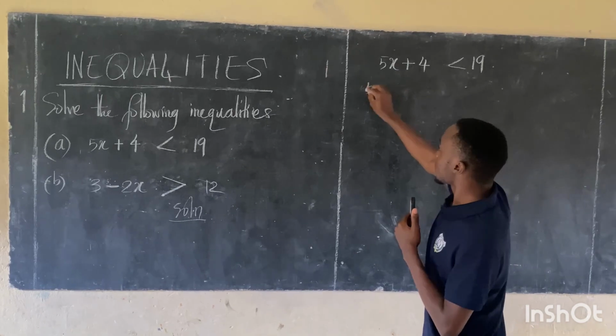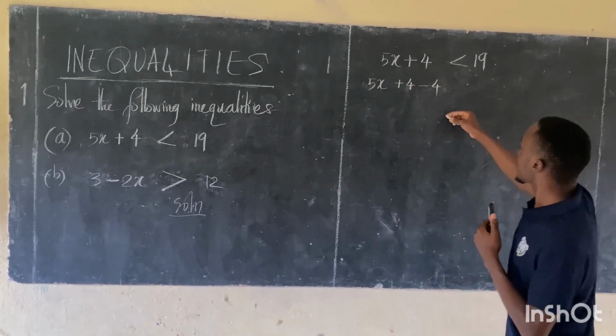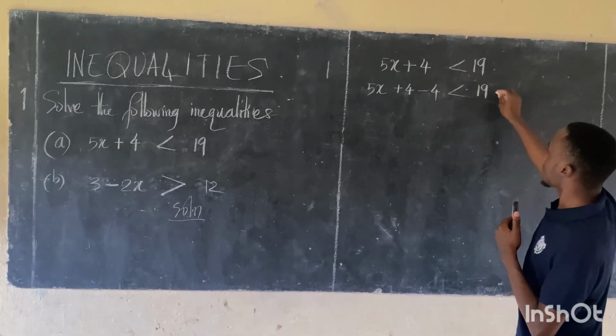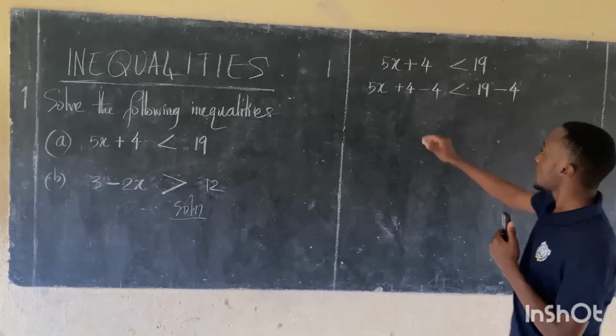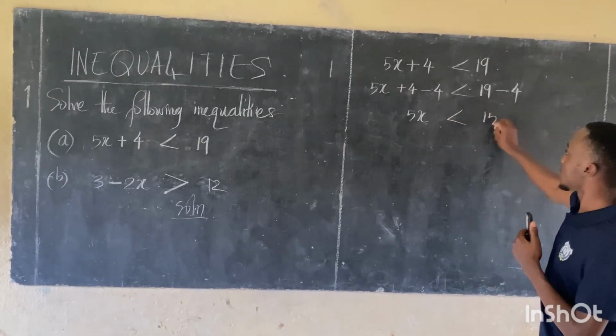So in our next step, we shall say 5x plus 4 minus 4 is less than 19 minus 4, and this will become 5x less than now 15.